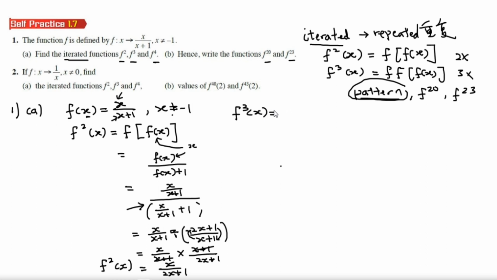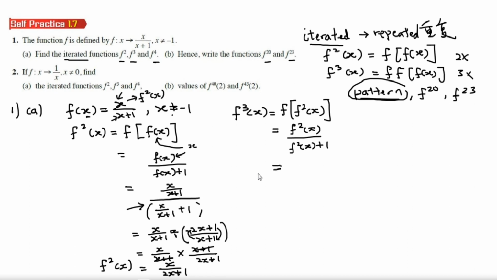Okay, so f cubed x is f squared x. Okay, so now this x we replace by f squared x. So this is f squared x over f squared x plus 1.